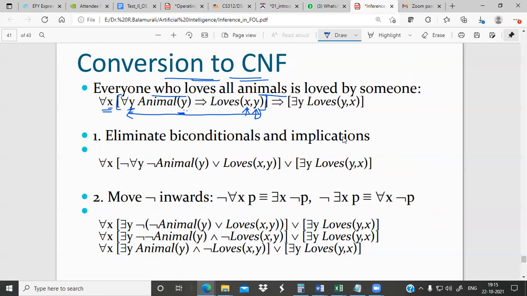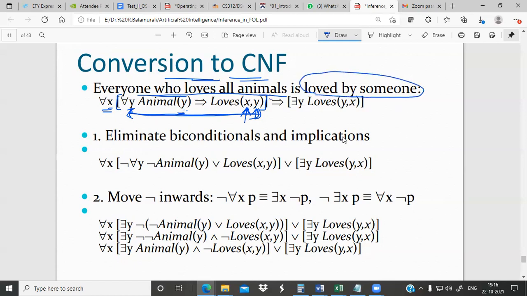Actually it is not just everyone who loves an animal, it is everyone who loves all animals, because Y is also connected with for all. This part alone only means everyone who loves all animals. The full sentence means everyone who loves all animals is loved by someone.